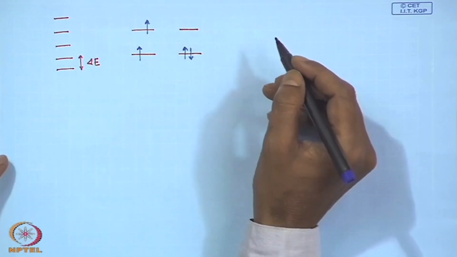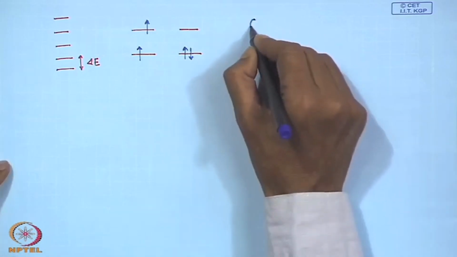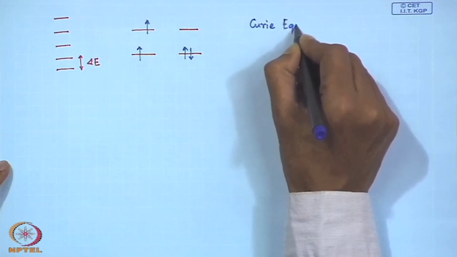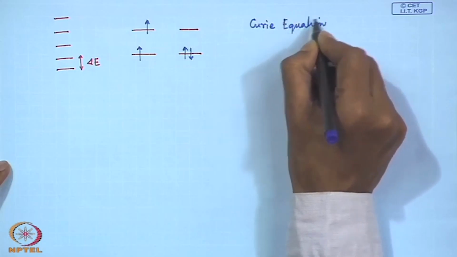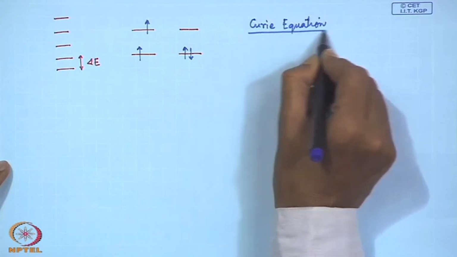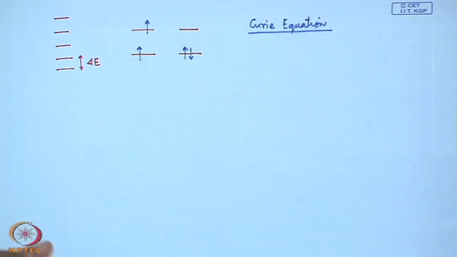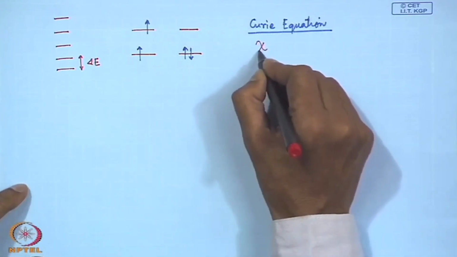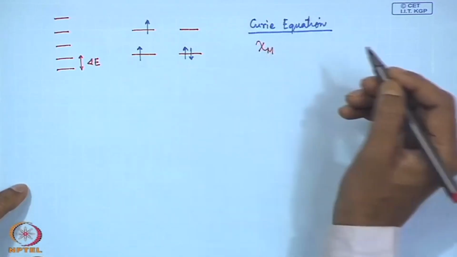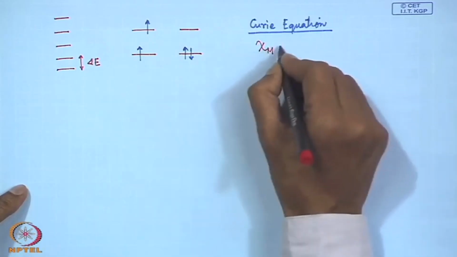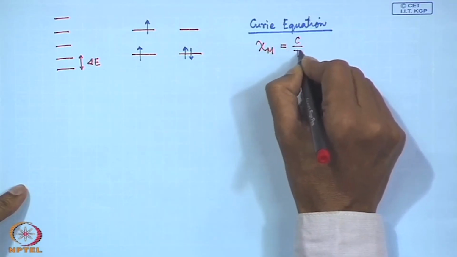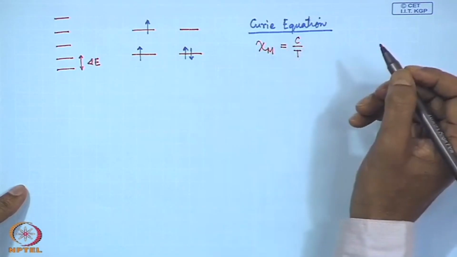So from the very basic Curie equation, what we have seen, the Curie equation gives us the corresponding dependence of the susceptibility term, the molar susceptibility chi m, which is proportional to 1 by T or is equal to C by T, where C is the Curie constant.